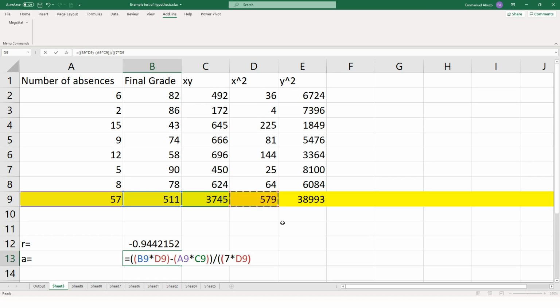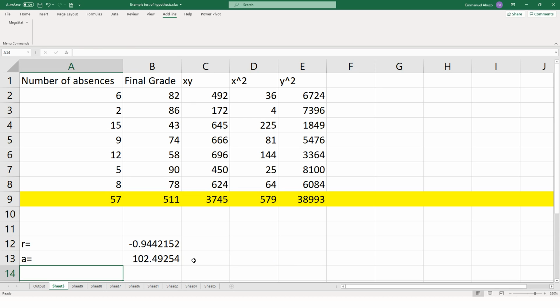Close, minus, the quantity of x squared. So our x is this one times itself. Close, another close. That means this would be the whole numerator, the whole denominator, and again, this would be the whole numerator. Equal sign.